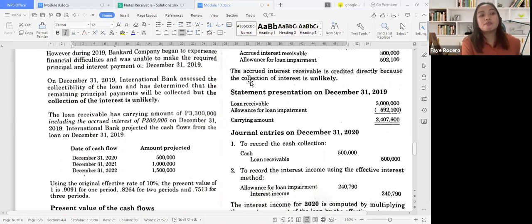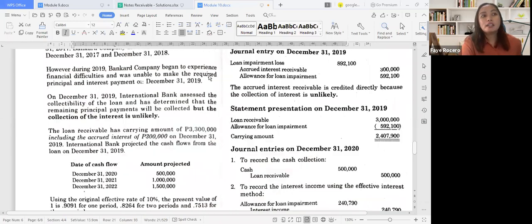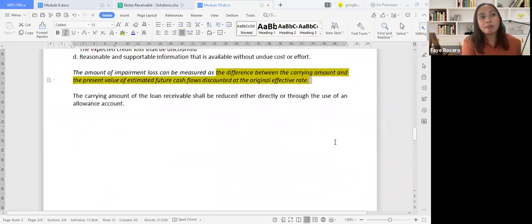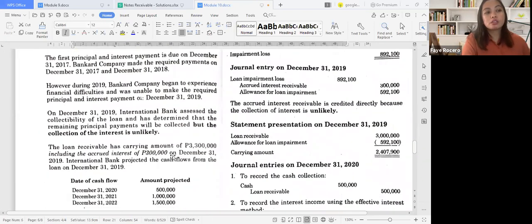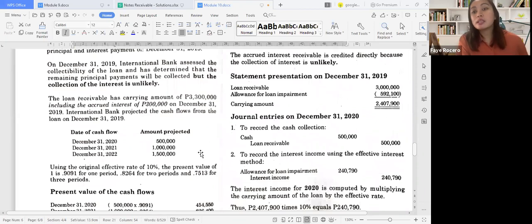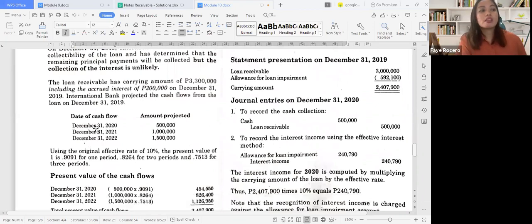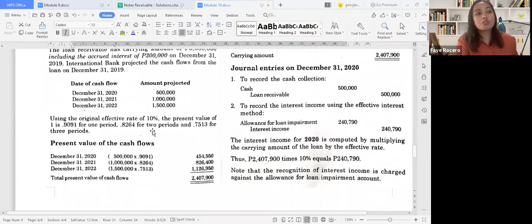Using the original effective rate of 10%. So again, how do we measure impairment? We get the present value of the estimated future cash flows. We have here the future cash flows. Next, we need to get the present value. Given naman yung mga periods natin, present value factors.